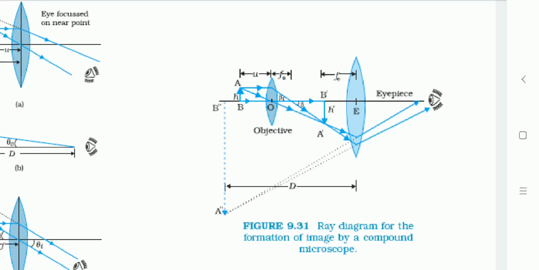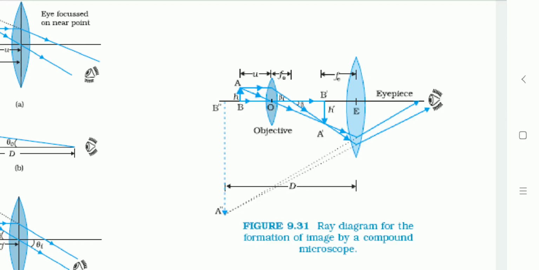The lens near the object is called the objective lens, which forms a real, inverted and magnified image. That image serves as the virtual object for the second lens, the eyepiece, which is a simple microscope or magnifier that produces the final enlarged and virtual image.